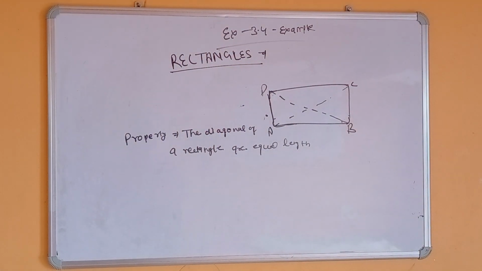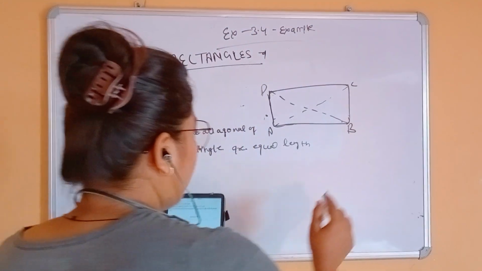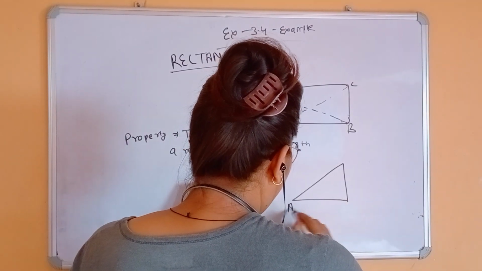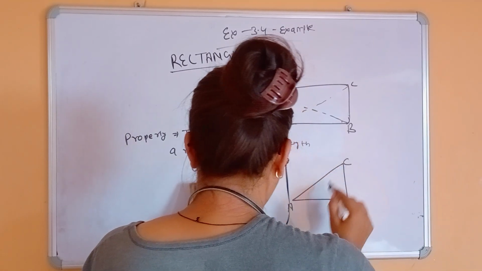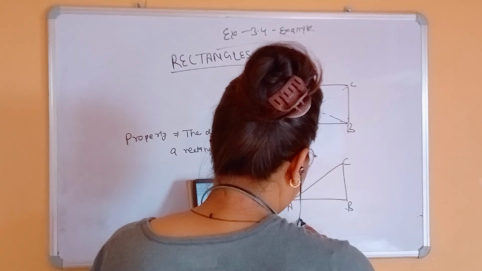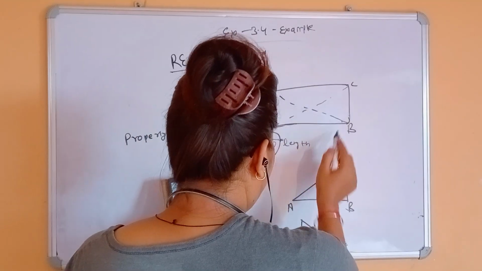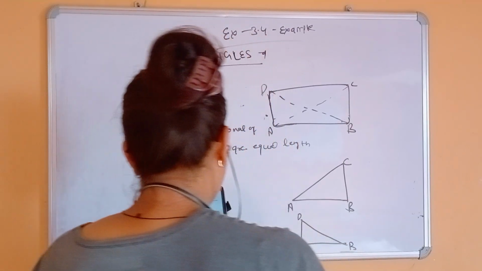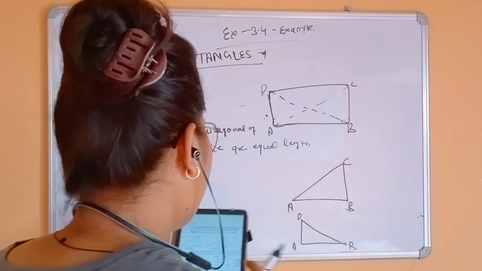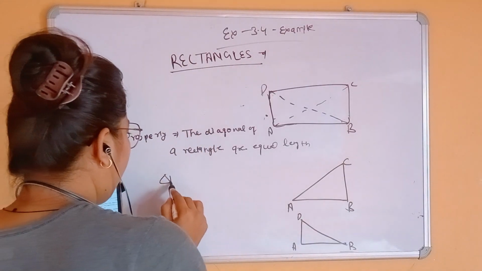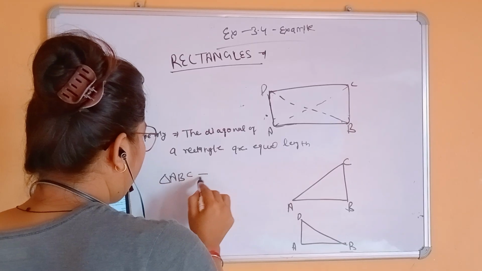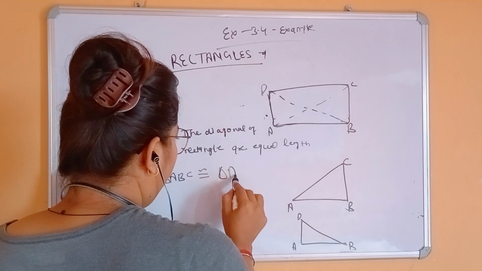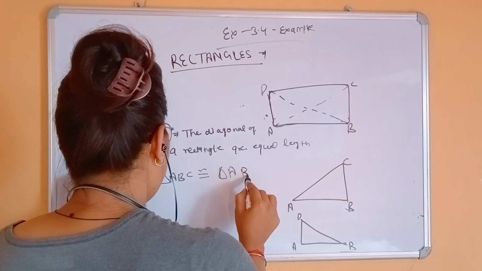So this makes two triangles. The first triangle is named ABC and the other triangle is ADB. So what do we do here? We write triangle ABC is congruent to triangle ABD.